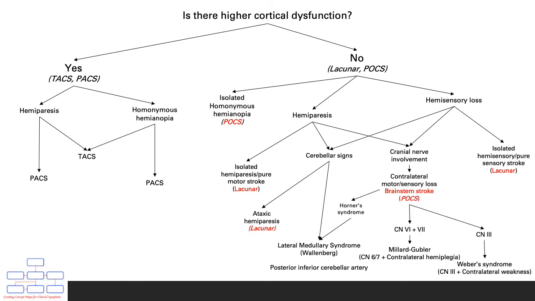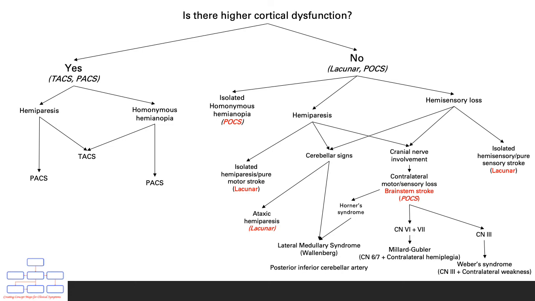Now, in the presence of cranial nerve involvement, it is worth noting that with brainstem strokes, you will present with ipsilateral cranial nerve palsies with contralateral motor and sensory loss. So bear in mind that the lesion in the brainstem will be ipsilateral to the side of the cranial nerve that's affected. So a third cranial nerve palsy with contralateral hemiparesis should raise your suspicion of Weber syndrome.